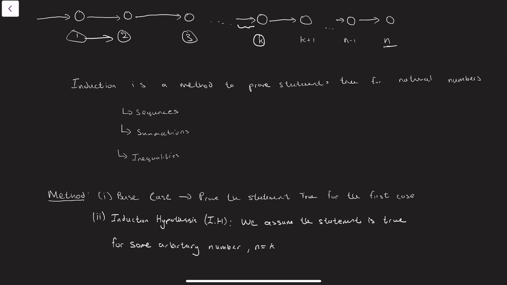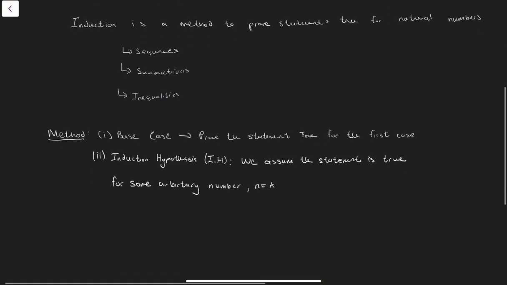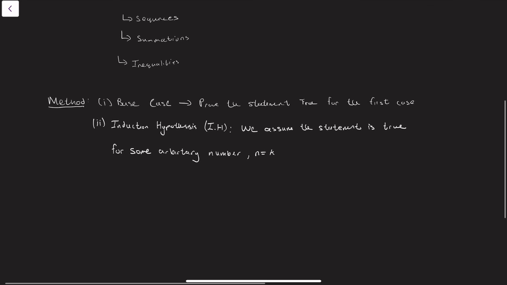I don't have a ball in front of it. I don't know if the ball hits or not, but we're just going to assume that the marble hits the kth marble, causing it to go forward. So we're going to assume that it's true, right? So the third step then is the induction step.